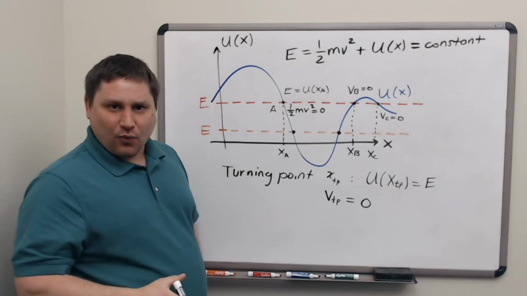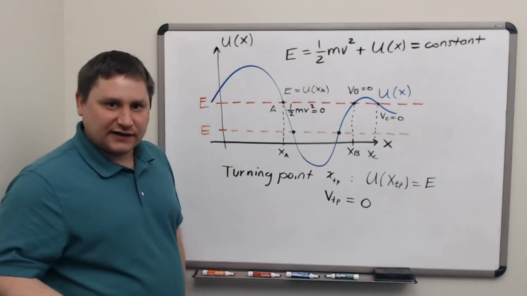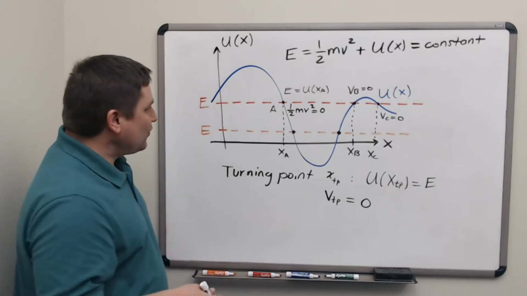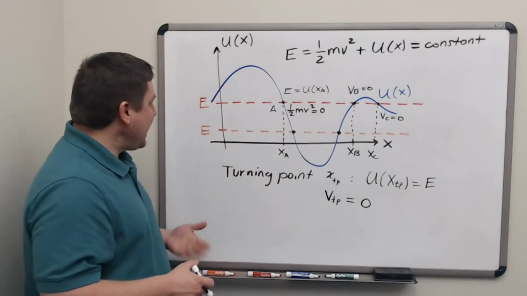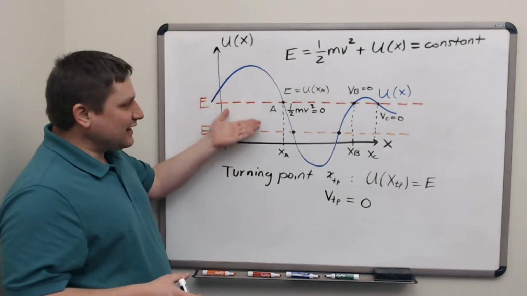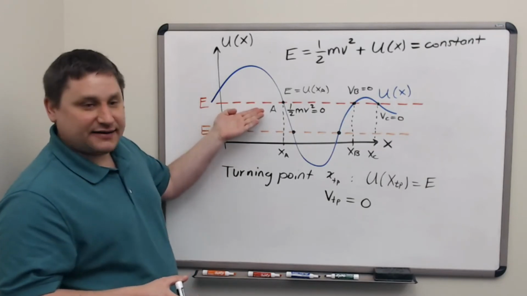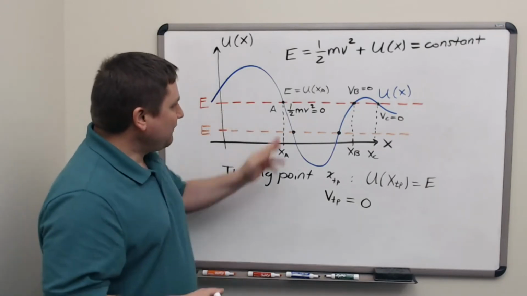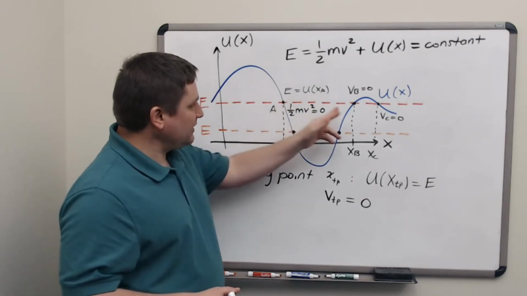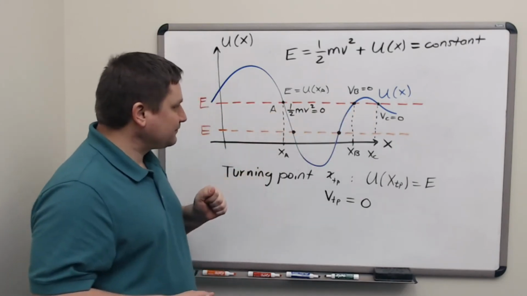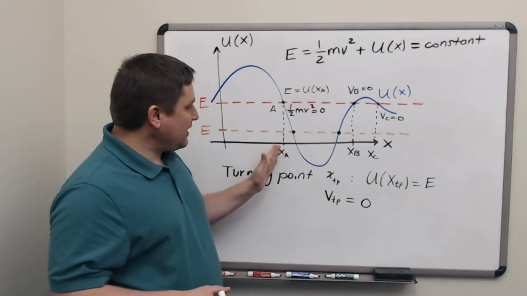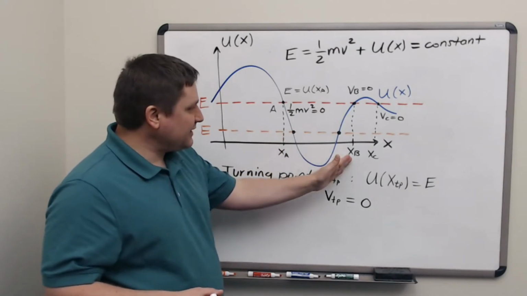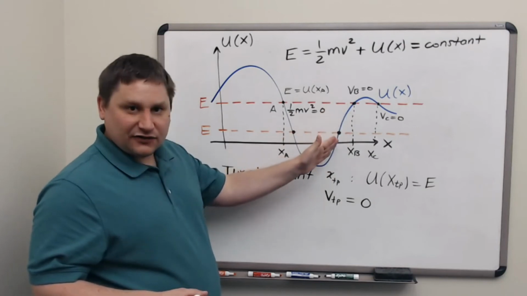Let's think about now what types of motion could exist for this object if it was under the influence of this potential energy function and having an energy level equal to, let's say, the red dotted line. We have 3 turning points here. 1, 2, 3.